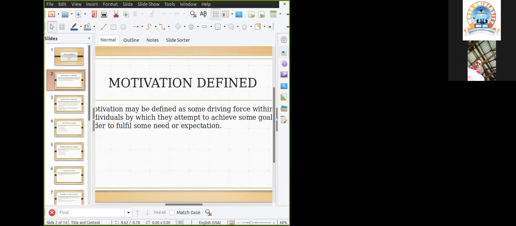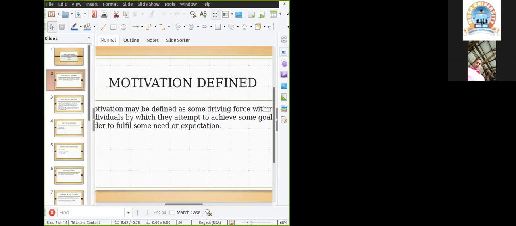Now, what happens is, if you meet that person's needs or expectations, and you promise them that you're going to achieve that need or expectation, then that person will stimulate an inner driving force to want to achieve the goal that you have given them.